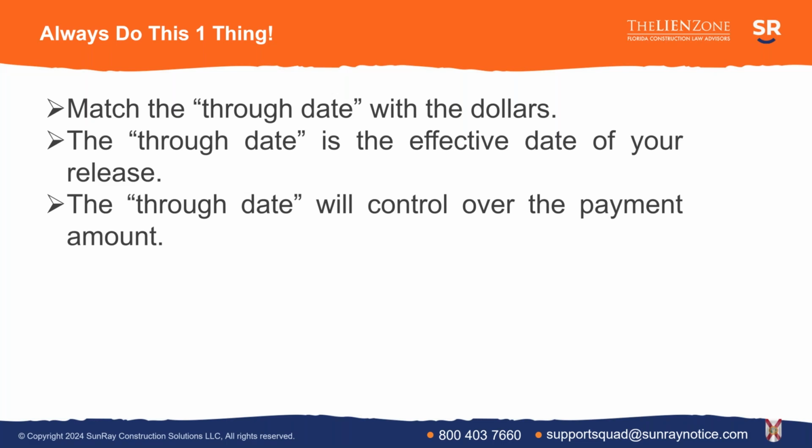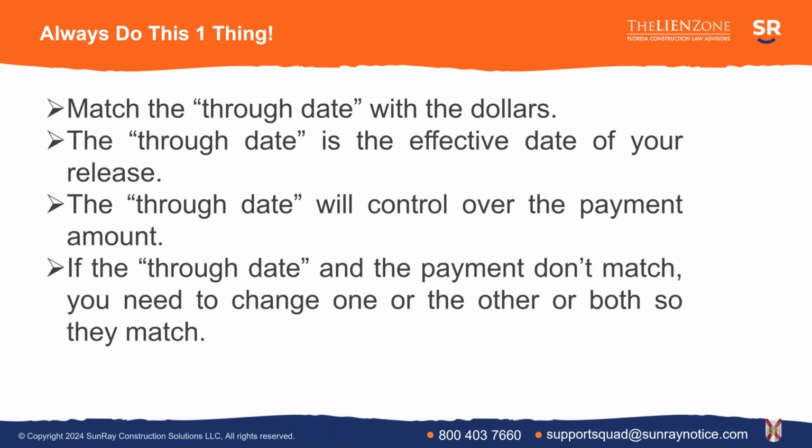You have to figure out the date that $6,000 represents, but that's the only thing that you can release through. That's the only date you can release through because you've only been paid a portion of all of the work you did through the entire month. So as I said, you have to make the two of them match.